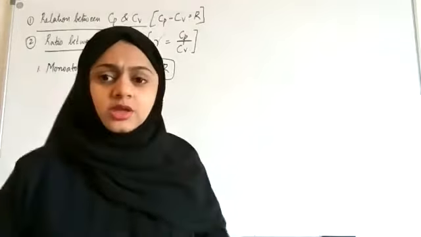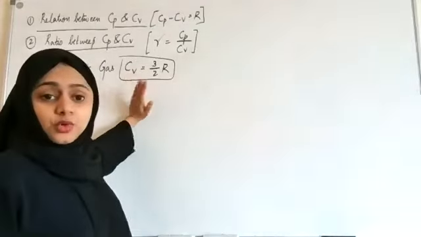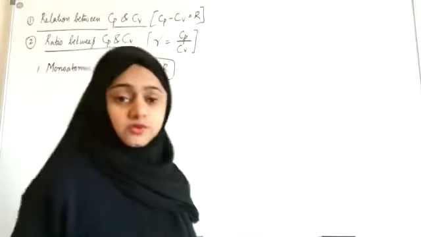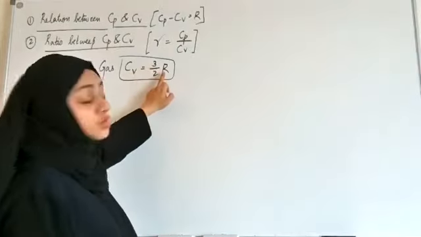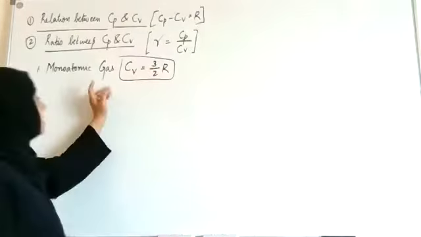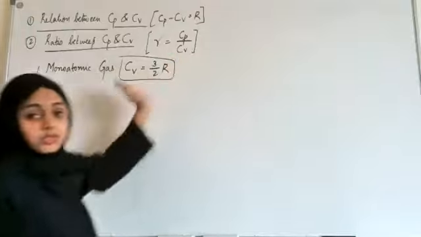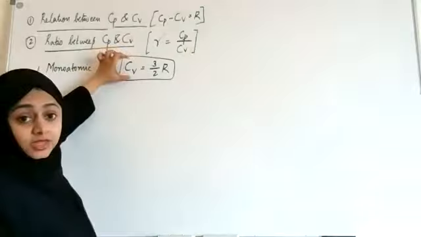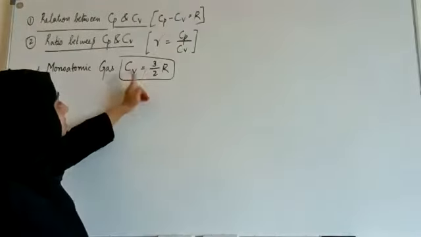They may ask you in MCQ, multiple choice questions, what is the value of molar specific heat capacity for monoatomic gas, diatomic gas, polyatomic gas, and they will give you different options. So it's better to remember this value. Cv is equal to 3/2 R for monoatomic gas. Once you remember this, the other things are connected. With the flow, you can find all other values, but you have to remember the starting point.